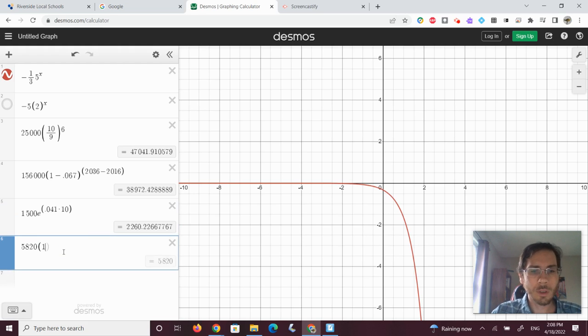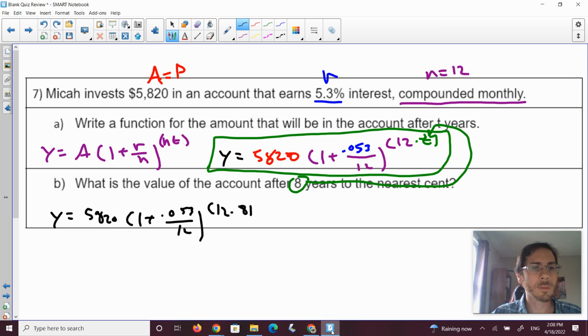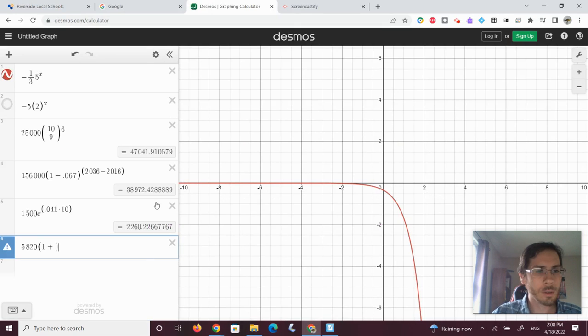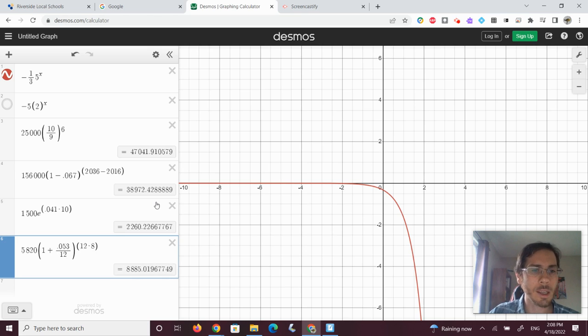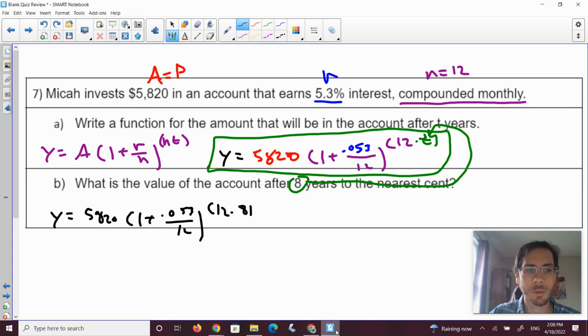5820, 1 plus, I forget the interest rate, 0.053. 12, oops, to the 12 times 8 years, and we get 885.02.